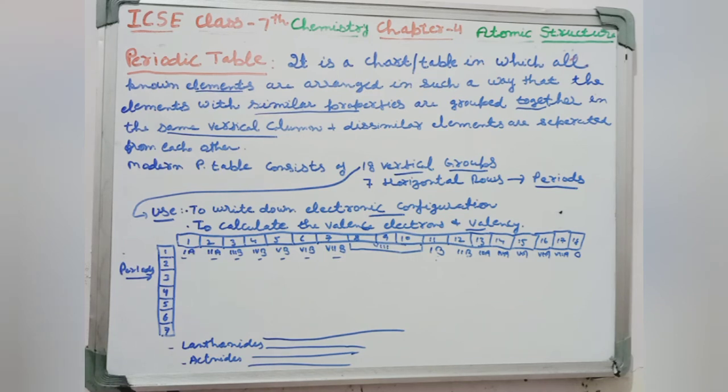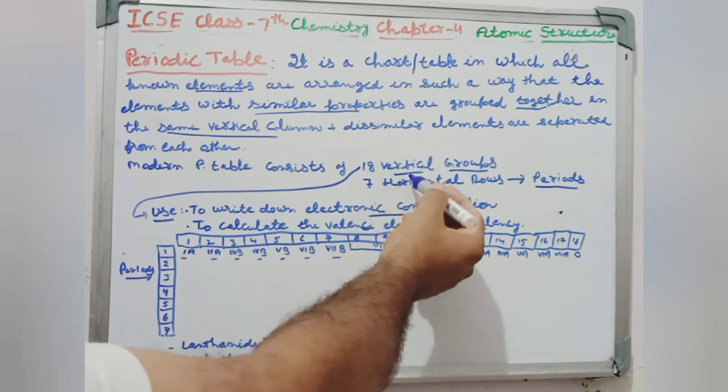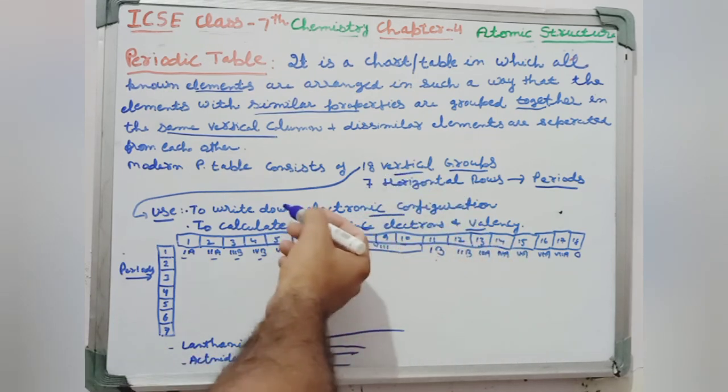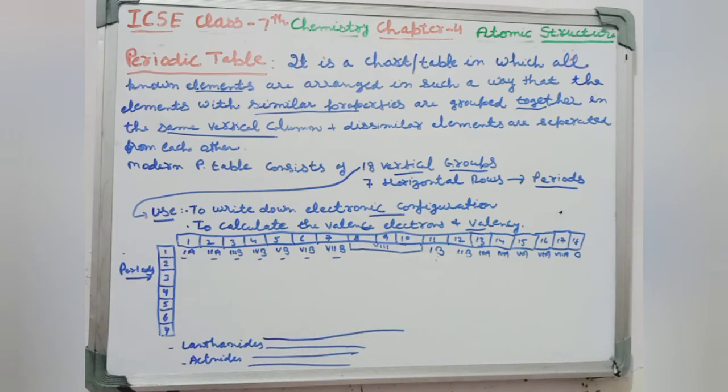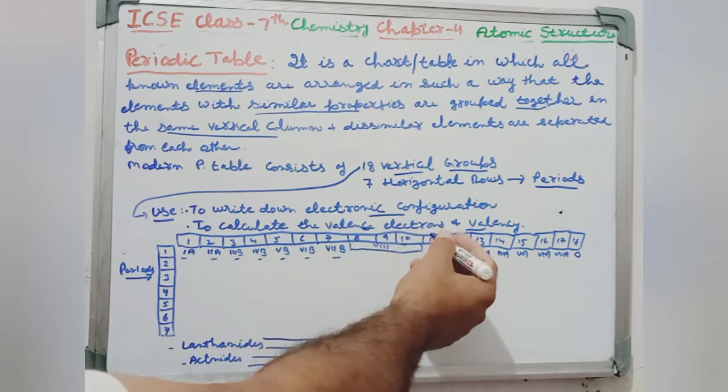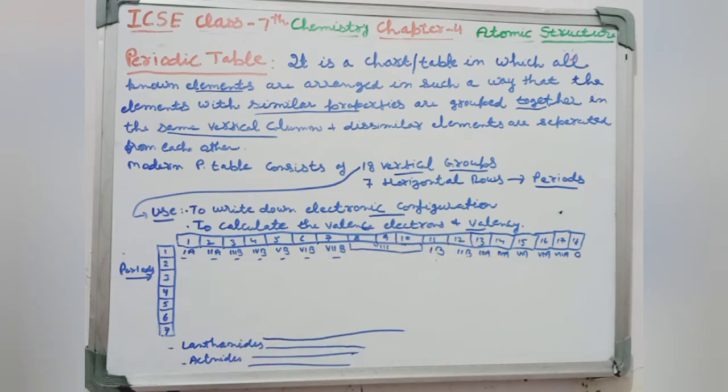Right now, these 18 vertical groups are used to write down the electronic configuration and calculate the valence electrons and valency. This you have to understand: how to write the electronic configuration and calculate valence electrons and valency.